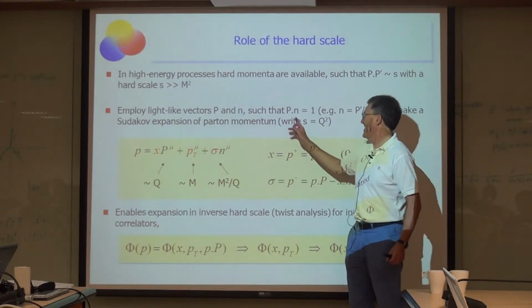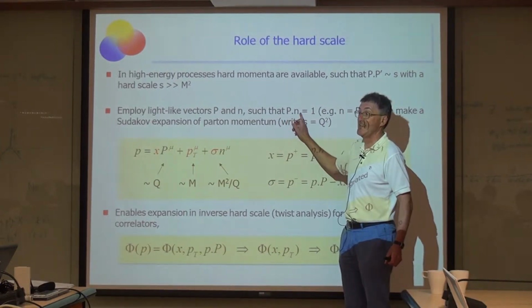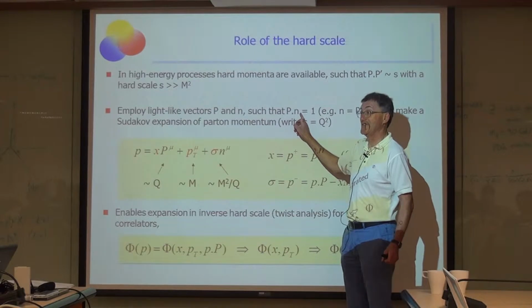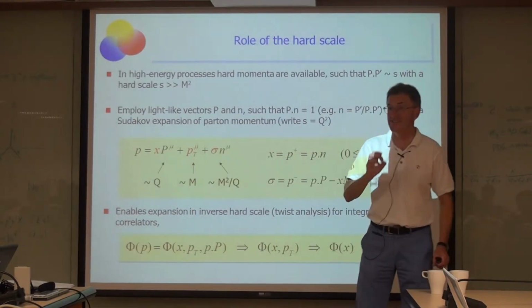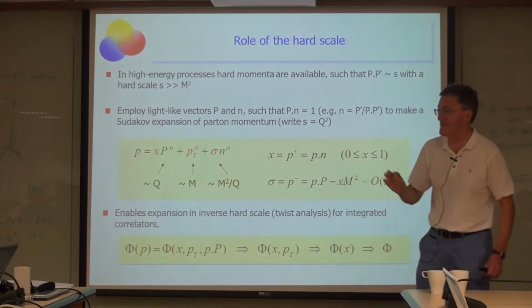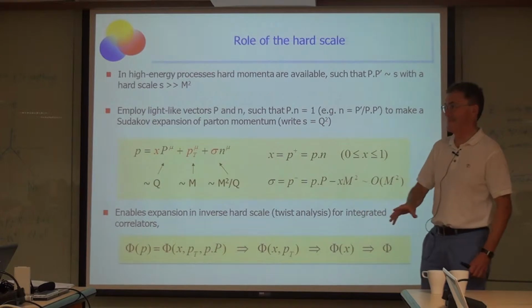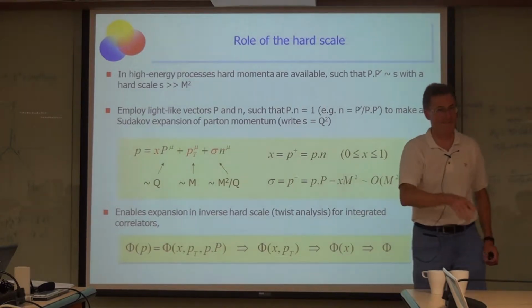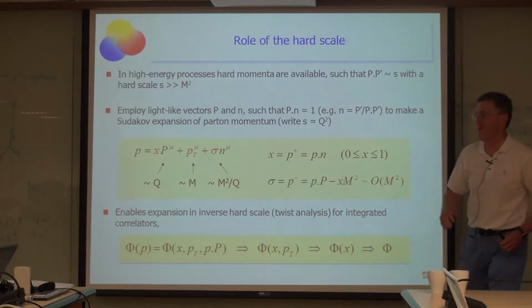Now you might say, yeah, but since this is 1, P has the dimension of energy and n has the dimension of 1 over energy, but who cares? The nice thing about using light cone variables is that going from one frame to the other is a trivial business. (0, 3) is a hard way of doing it, with gamma, beta, and so on.